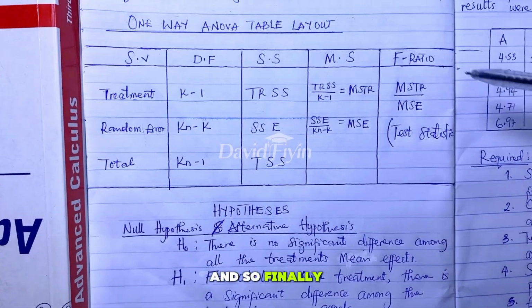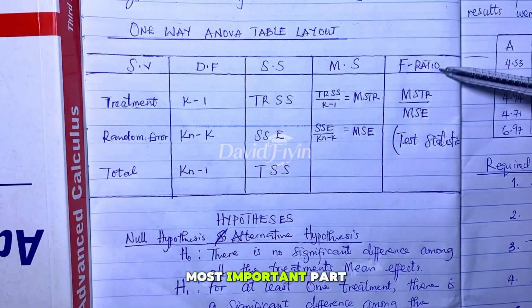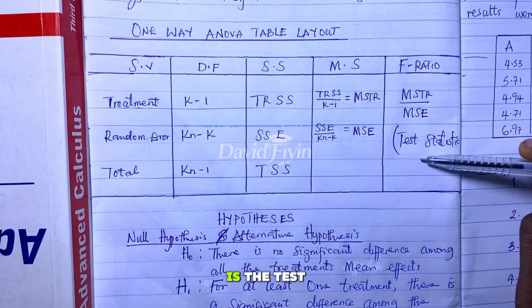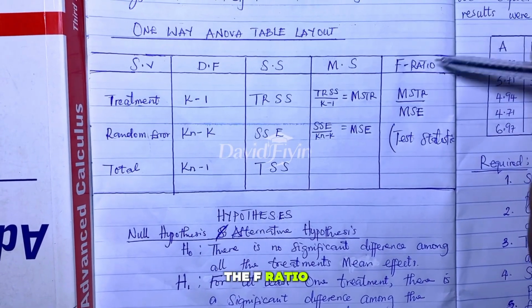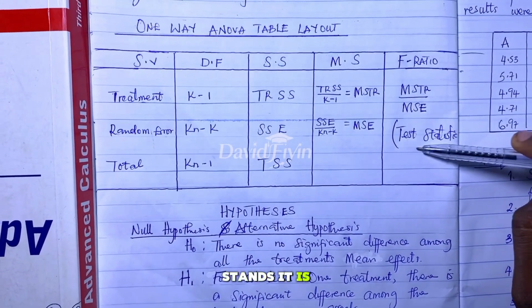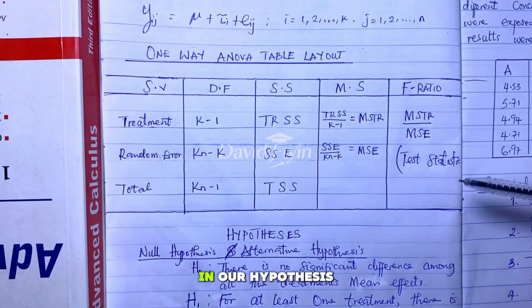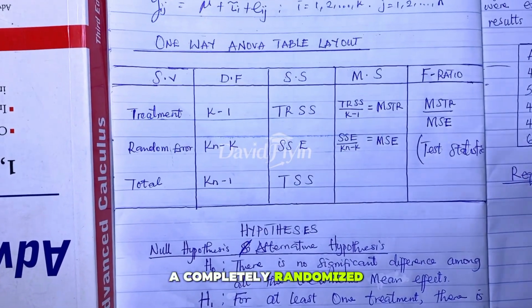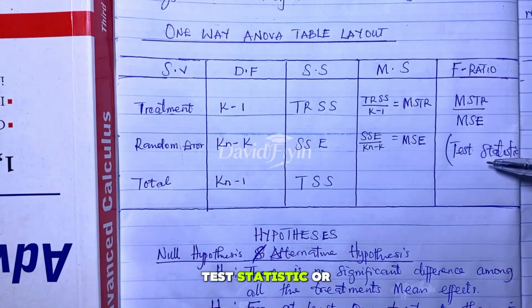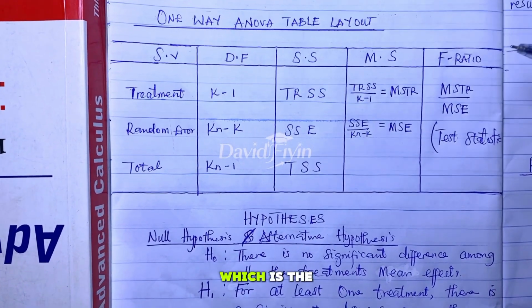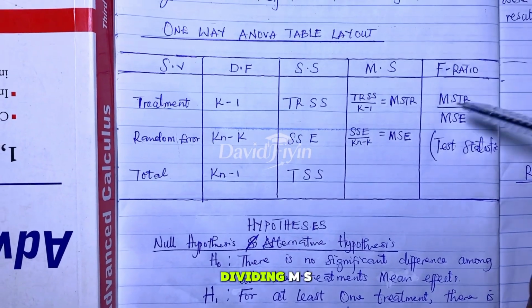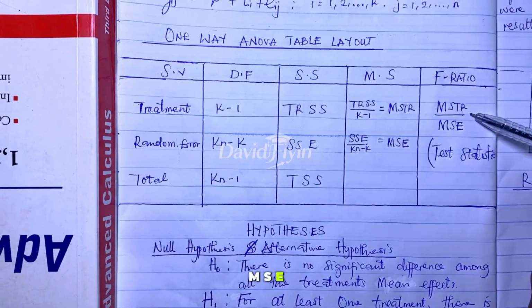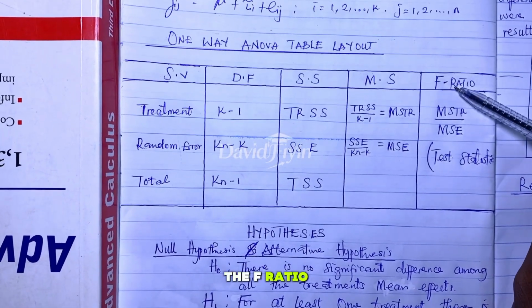Finally, the last column, which is the most important part of the ANOVA table, is the test statistic, the F ratio. This F ratio is the test statistic that we use in our hypothesis testing for the analysis of a completely randomized design. The F ratio is gotten by dividing MSTR by MSE. So that is how we get the F ratio.